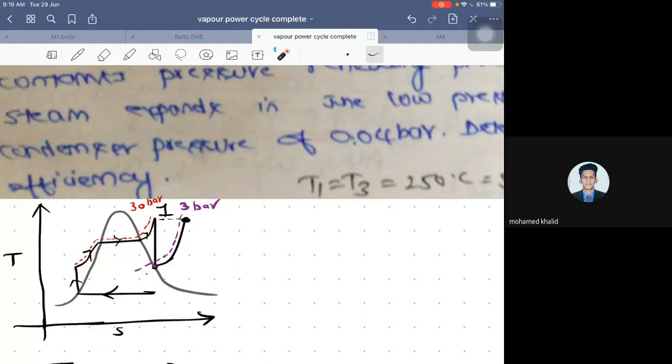Now, in the same case, after expanding, the pressure drops, isn't it? Again, you are reheating, pressure drops to 3 bar. Again, you are reheating at a constant pressure. That means even this is also at a constant pressure. So pressure at all these points would be the same, which is 3 bar.